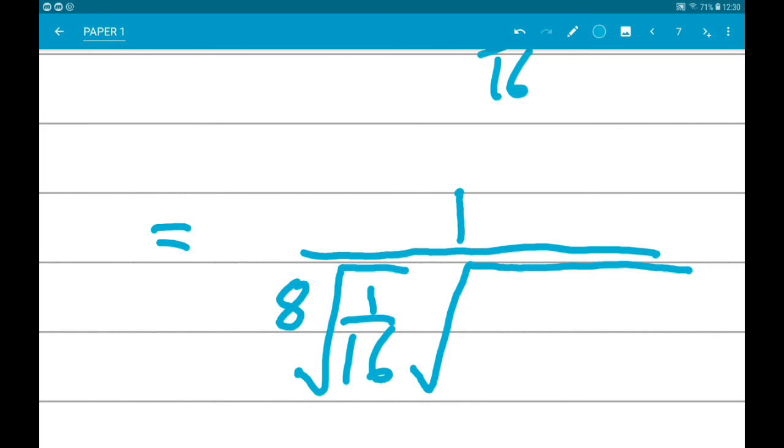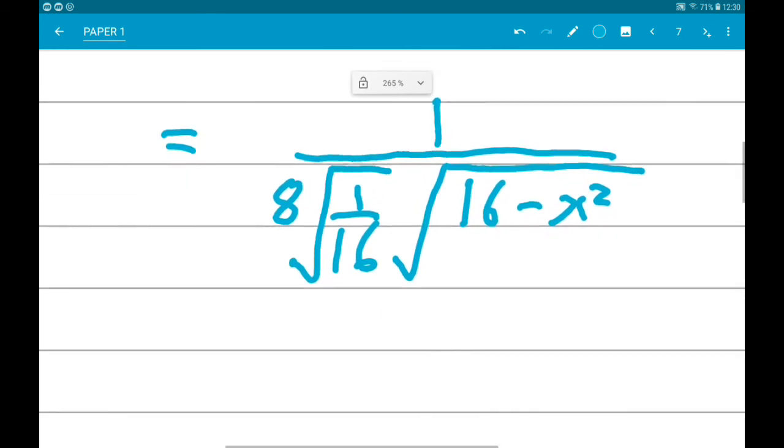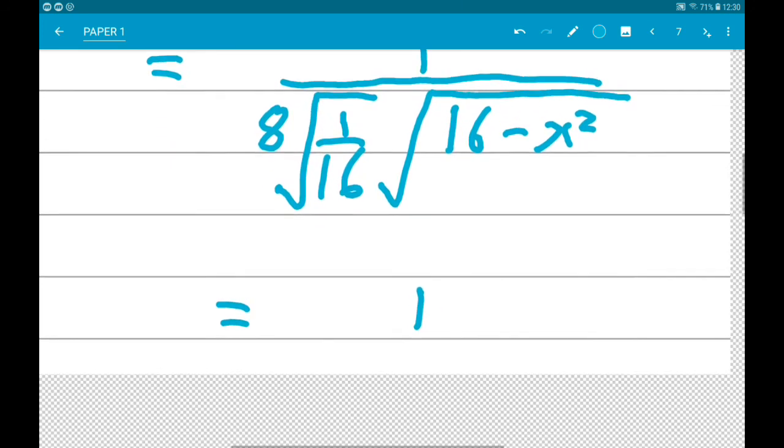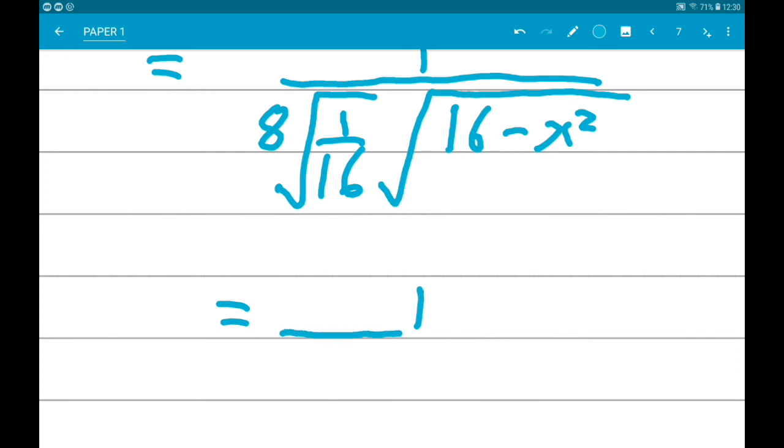So inside of this one, we've now multiplied by 16. So we have 16 minus x squared. So finally, that is 1 over 2 square root of 16 minus x squared.